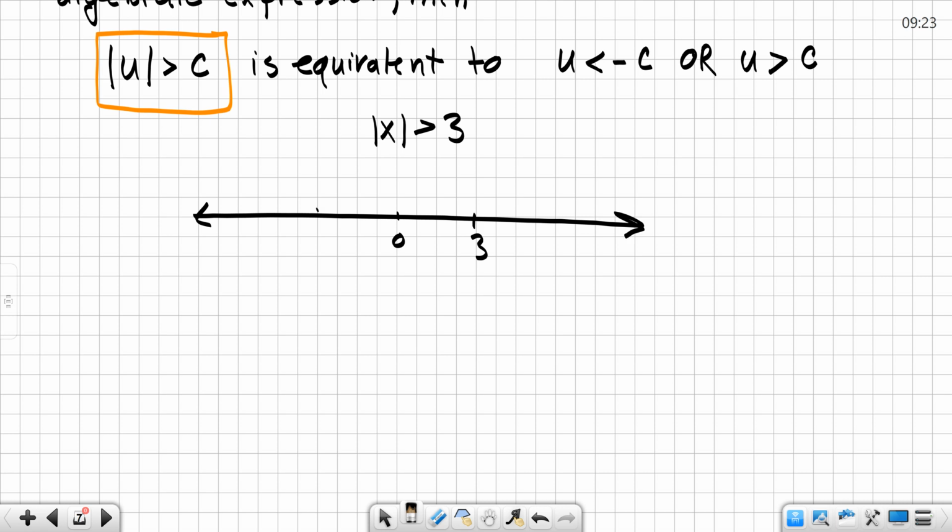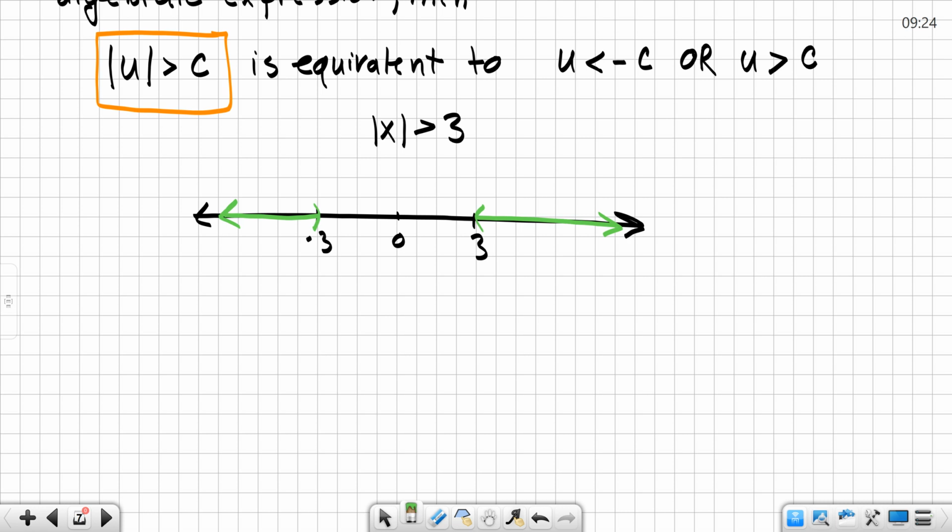Let's say positive 3 is here, negative 3 is there. What does this mean in terms of distance? All of the numbers that are more than 3 units away from 0 are these numbers here. They are to the right of positive 3 and to the left of negative 3.